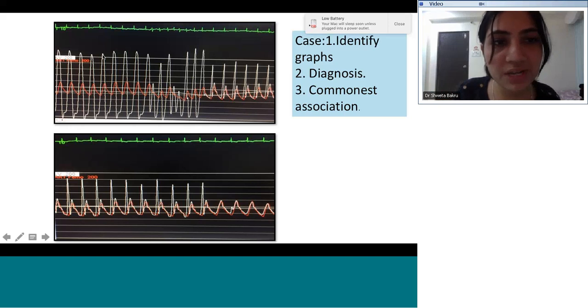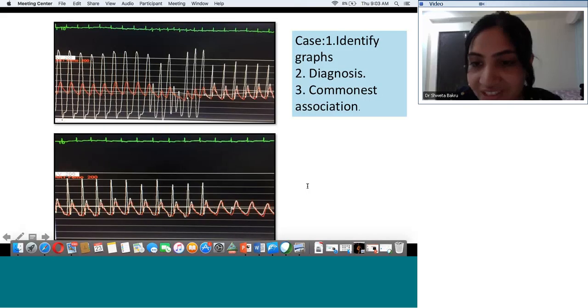We can see on this trace that there is a notching. Sorry, we went out of sound in between. So I can see the answers.